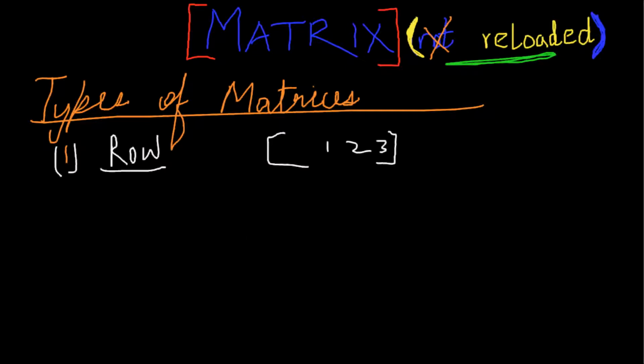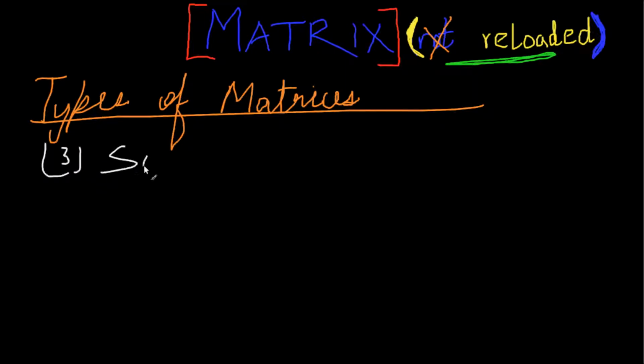Next, guys, we come on to the square matrix. This is the third one, and it's called a square matrix. Very, very easy. This square matrix is basic of the basic.